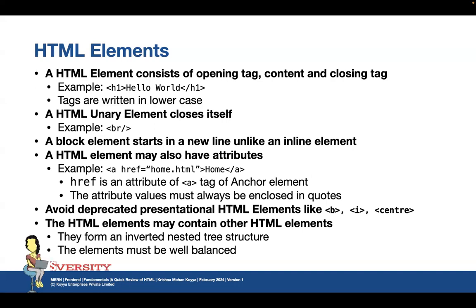Right? So that is a brief about HTML elements. Remember, HTML elements may contain other elements as well. When you look at an HTML element which contains children, and those again contain children and children, that in fact forms an inverted nested tree structure. Make sure that they are well balanced.